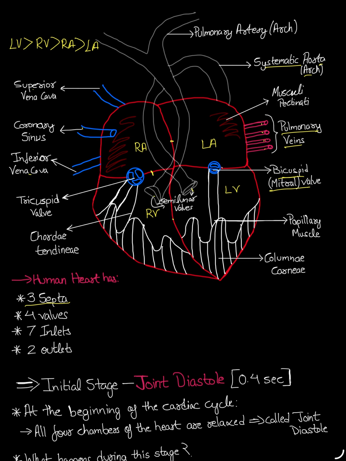So these are the muscles of the left ventricle and right ventricle. Columnae carneae are the inside heart muscles, which have papillary muscles, which hold the bicuspid and tricuspid valves with the chordae tendineae.